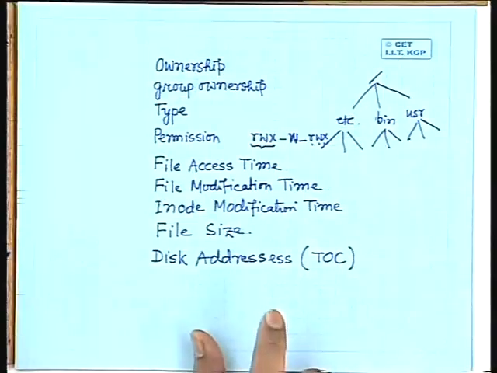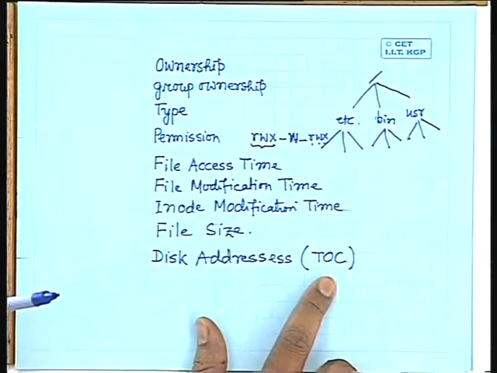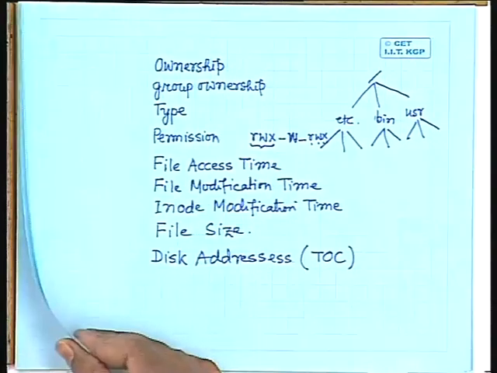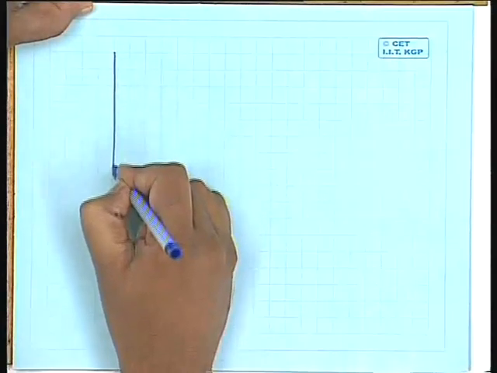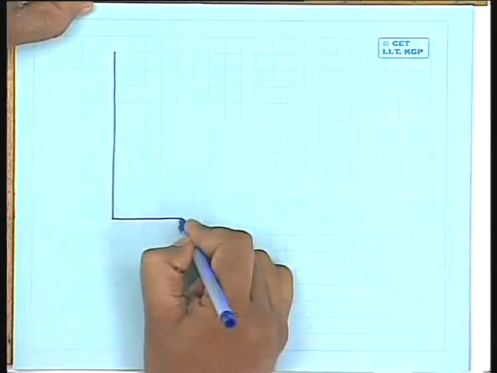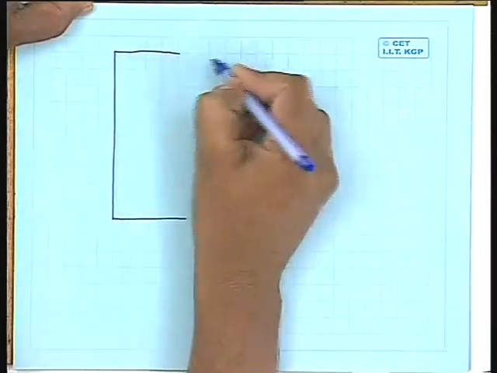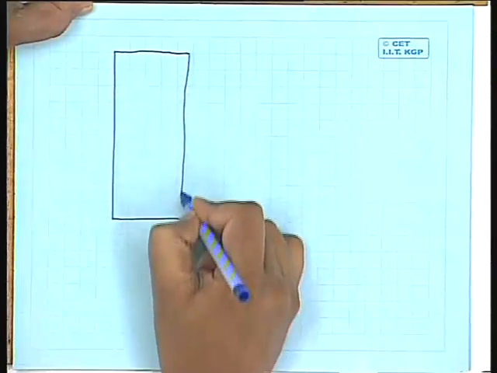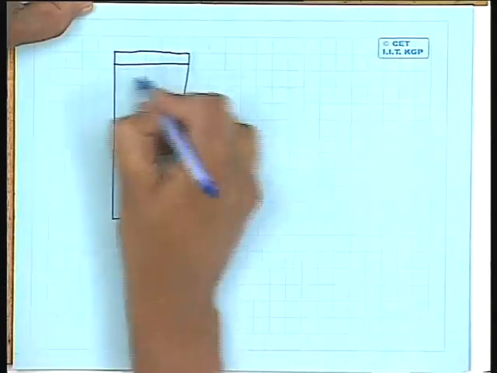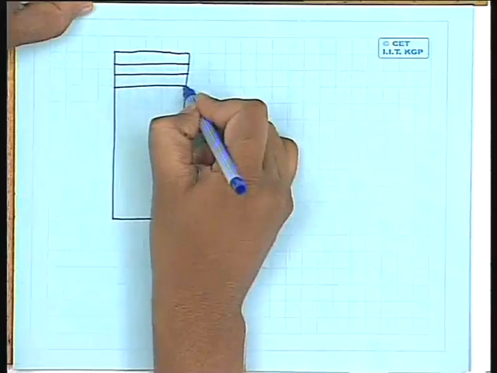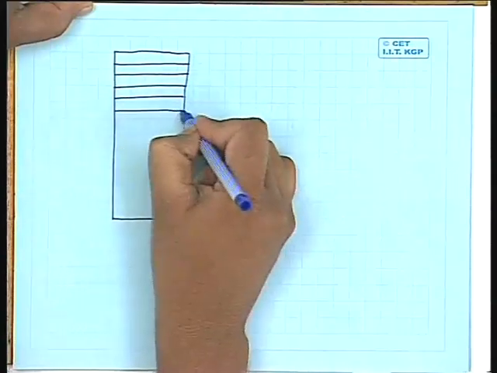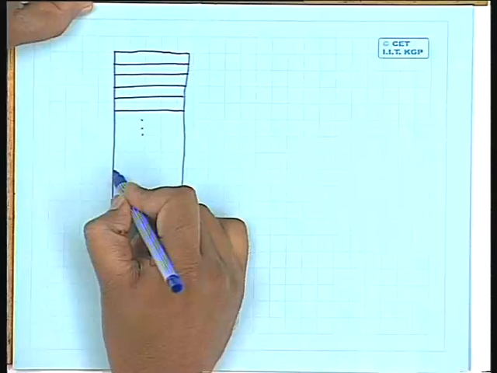The different entries in this table of contents have different meanings. Let me talk about that. The format of this table of contents is something like this. In Unix System 5, the TOC has 13 entries.